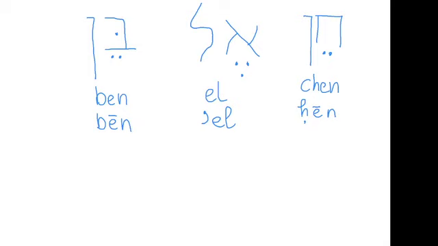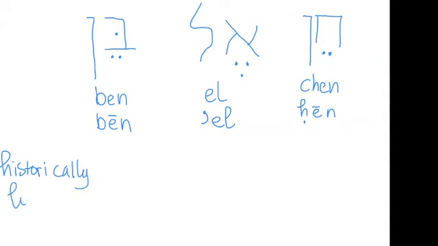Like the letter A, the vowel E also has a historically long letter, and that is the letter Yud.